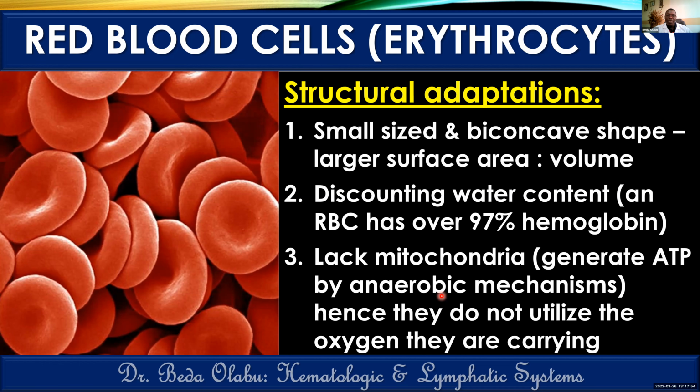Basically, the metabolism of red blood cells is low. And for that reason, it will not be utilizing the oxygen that it is carrying. And so that's also a structural adaptation. Great.